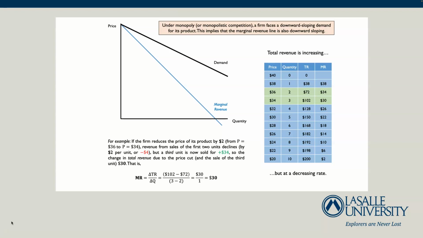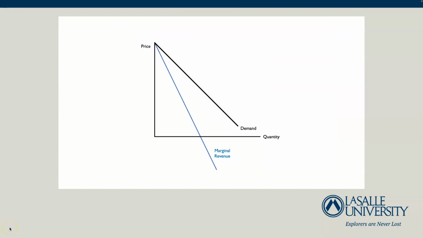So in essence, total revenue here is increasing, but it's increasing at a decreasing rate, and at some point it turns negative. The point right there where it's turning from positive to negative, or the point of zero, is a price unit elastic point.